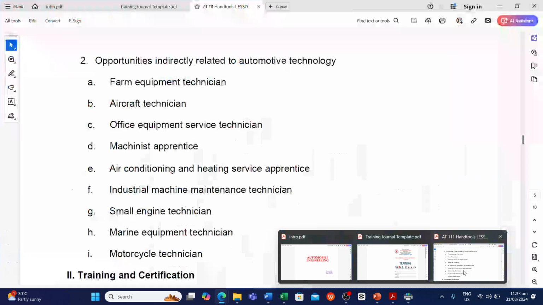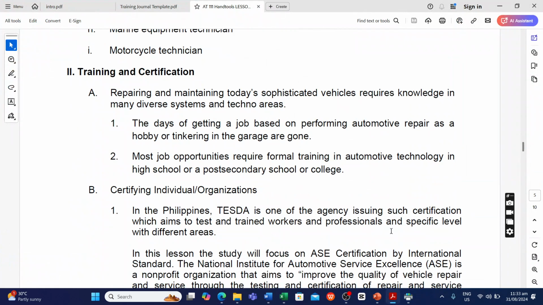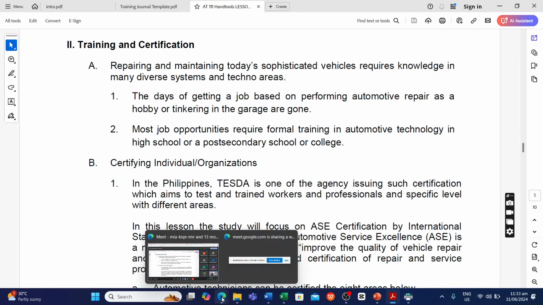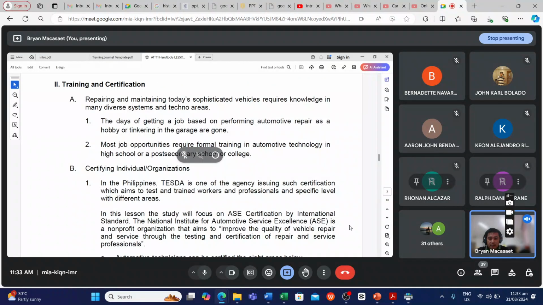Okay. Next, training and certification. So, in the Philippines, meron tayong TESDA, responsible for certification of automotive professionals. So repairing and maintaining today's sophisticated vehicle requires knowledge in many diverse systems and techno areas. So the days of getting a job based on performing automotive repair as a hobby or tinkering in the garage are gone.